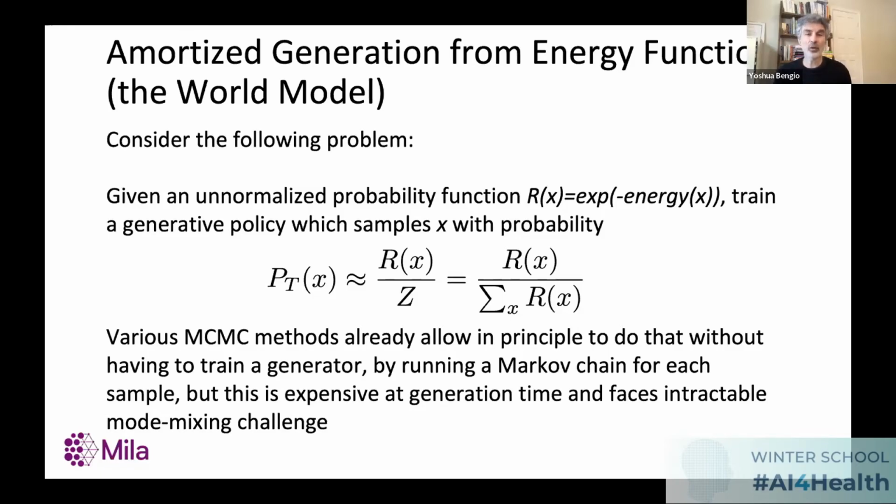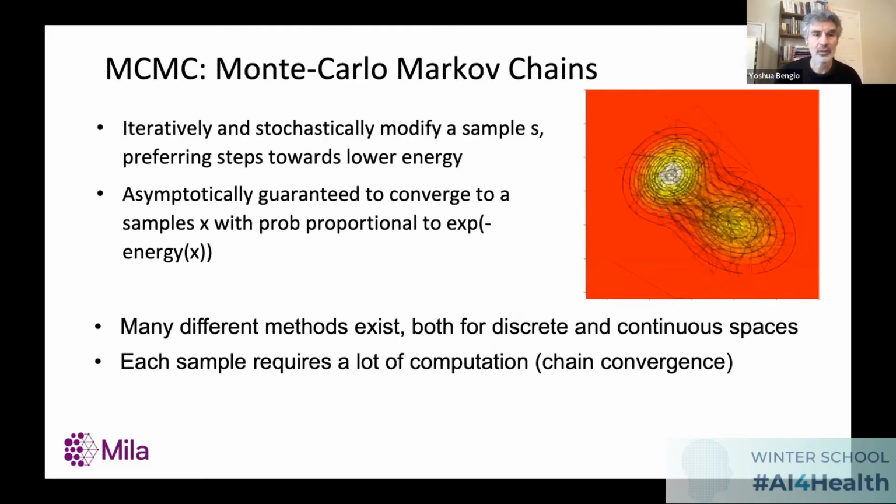The standard way of solving this problem is to use Markov chain Monte Carlo methods, but there's an issue with it that I'll try to explain. Intuitively, if you've never heard of MCMC methods, what they do is stochastically modify a good candidate. So they're like optimization methods.